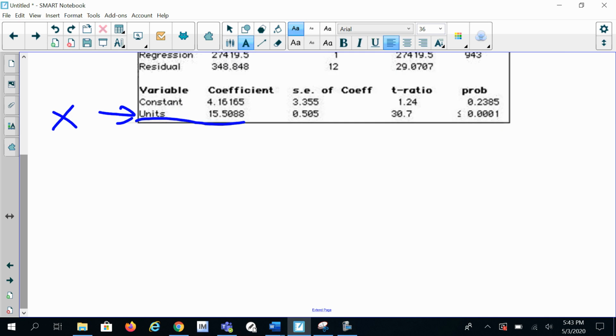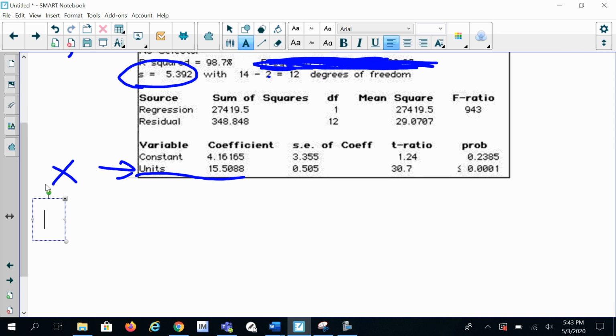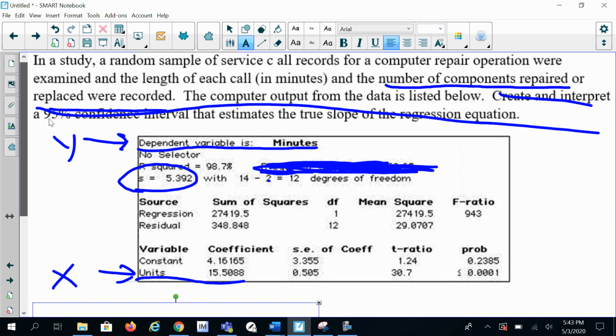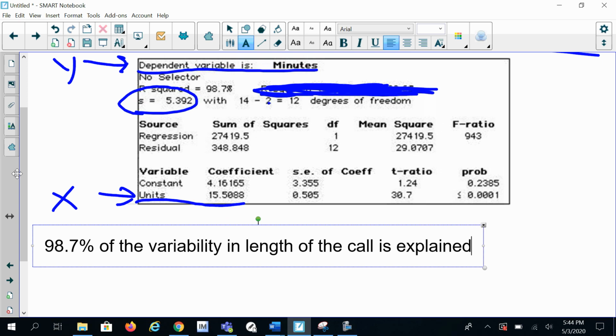Okay. So R squared is 98.7. So we'd write 98.7% of the variability, and Y is the minutes, in the length of the call is explained. Could also be accounted by or accounted for.